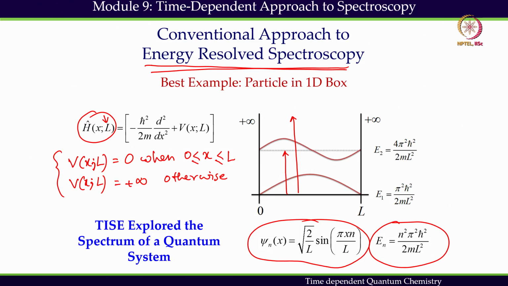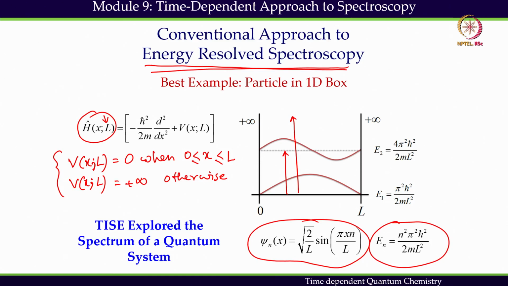On the contrary to our conventional approach based on the time independent Schrodinger equation, what we are going to present now, and we are going to realize, is that it is possible to determine the eigenvalues and eigenstates for any one dimensional potential.